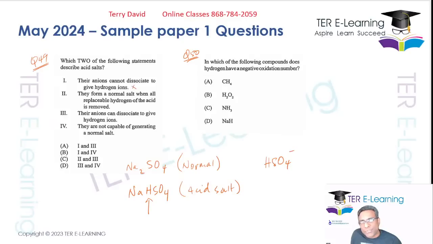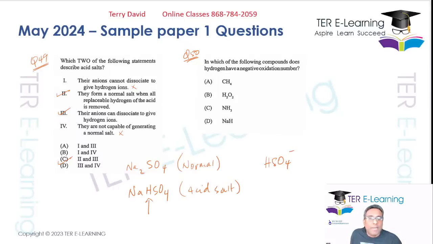This statement is not true, because they can. They form a normal salt when all replaceable hydrogen of the acid is removed. That's true. Their anions can dissociate to give hydrogen ions. That's sounding kind of true as well. And they are not capable of generating a normal salt. This statement is untrue. So the answer is 2 and 3, which is C. The answer is C.